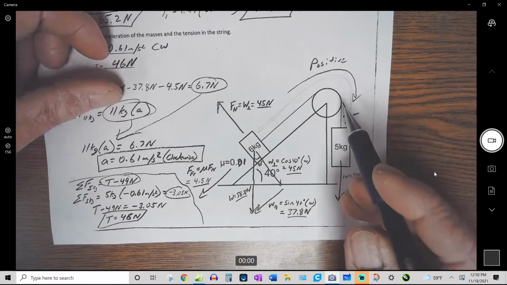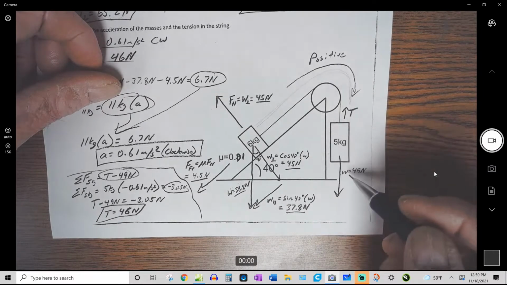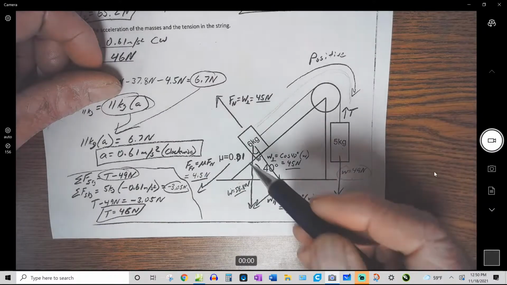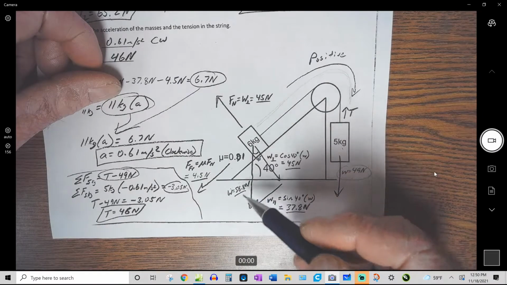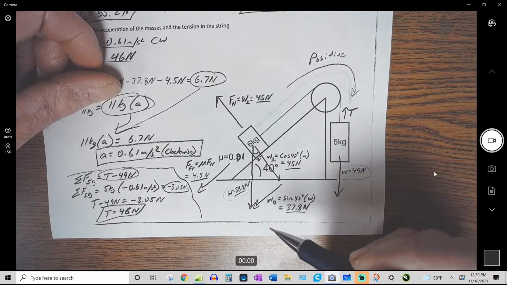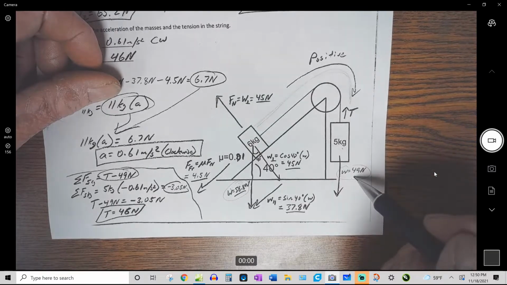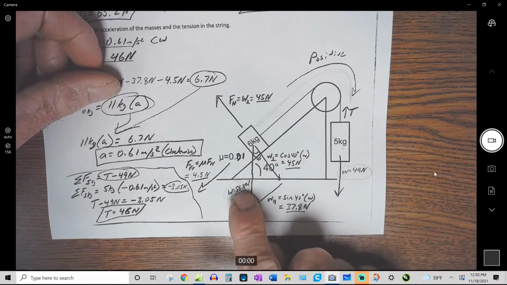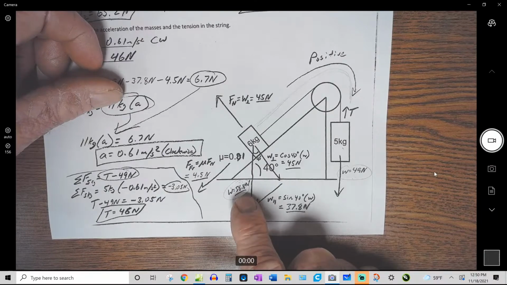So the beginning forces that I have: this weight, 5 times 9.8, and then I have this weight, 6 times 9.8. This is parallel to the hill, so that's fine, I can leave that, but this is pretty useless. So I have to resolve this into a perpendicular vector and a parallel vector.